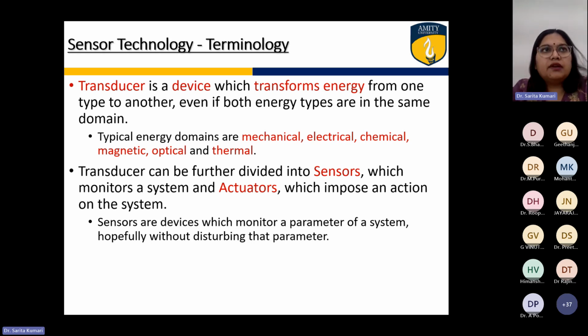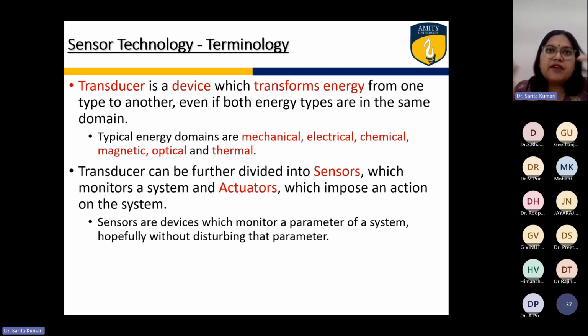Then we have active transducers or active sensors and passive sensors. In an active sensor or transducer, what happens? It does not require any external power supply for its application. It does not need any external input, any external voltage for its working. I'll give you the example of a piezoelectric sensor.